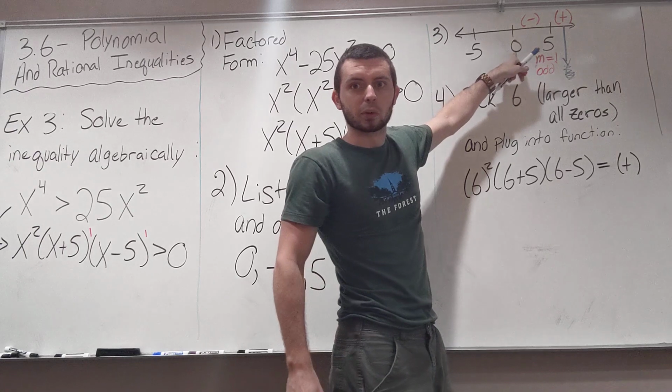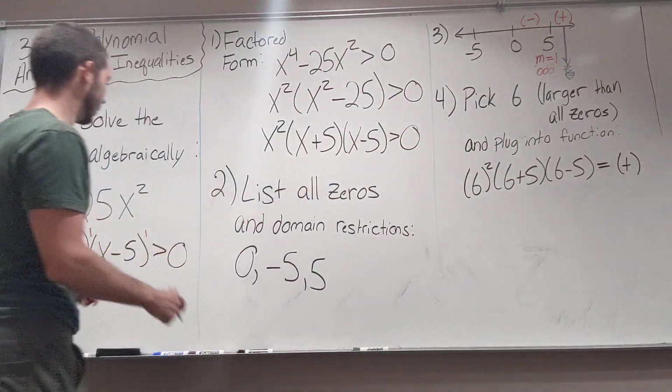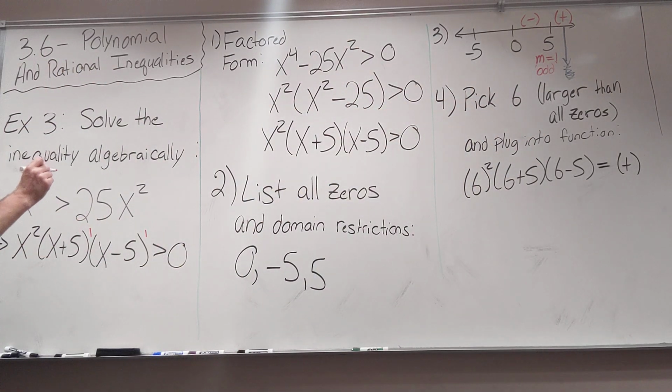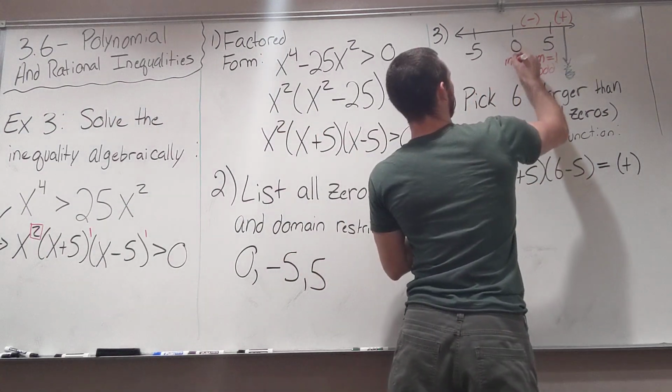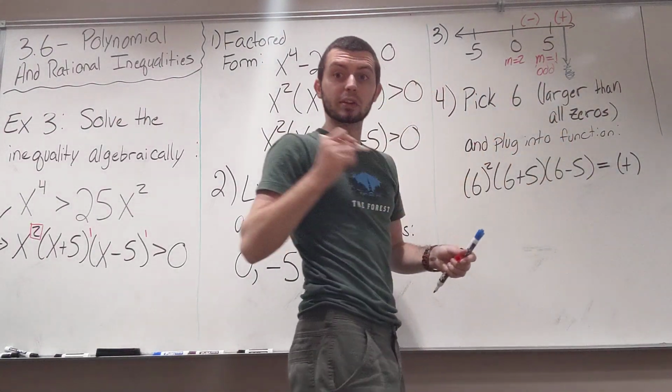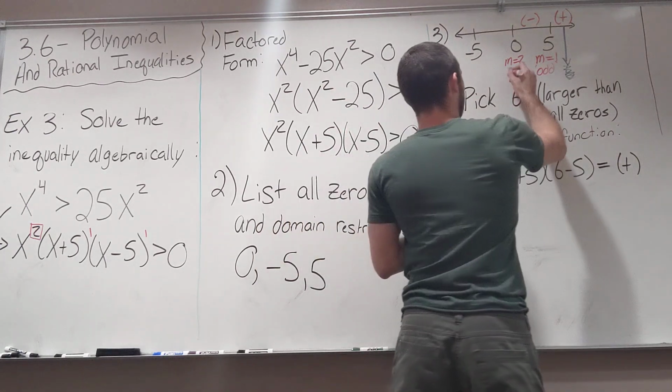So now we look at 0. And 0, what kind of multiplicity does 0 have? 0 came from x squared, which means its multiplicity is 2. So I'm going to put m is equal to 2. And that's an even multiplicity.